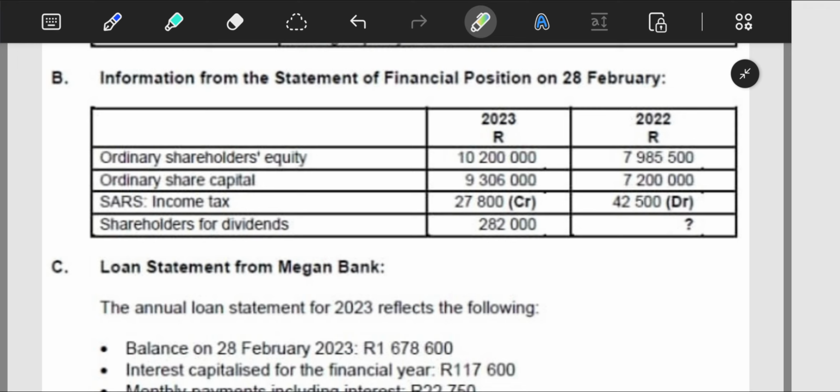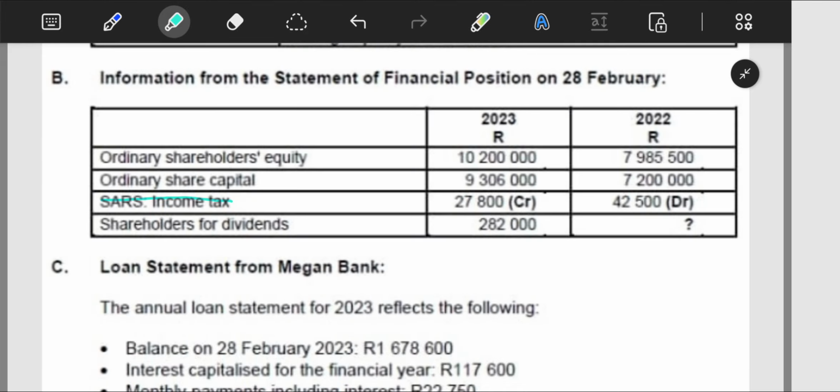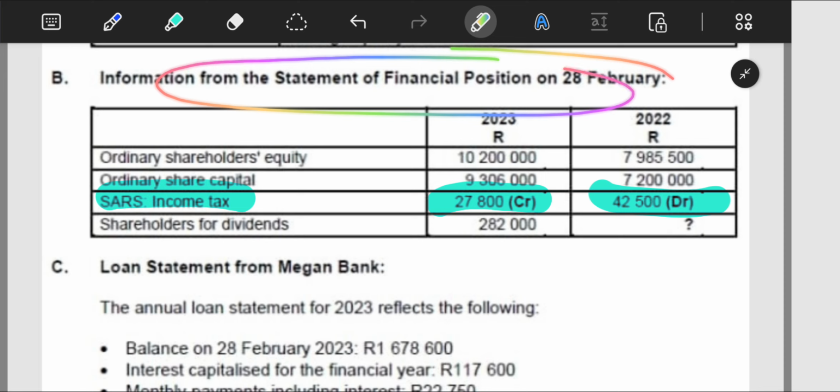We have this balance here, SARS income tax. We have the opening and the closing balance. Where are these balances sitting? In the statement of financial position. Under which section is the SARS income tax account sitting?